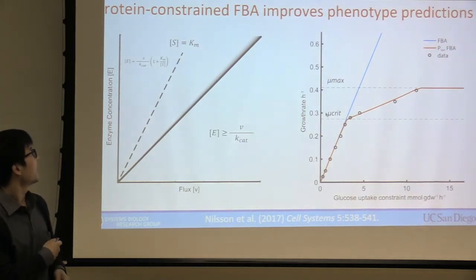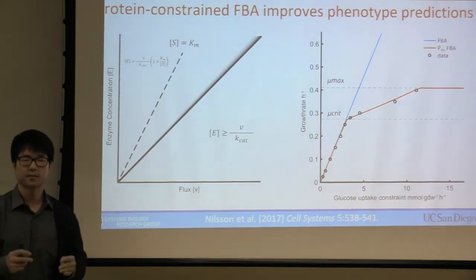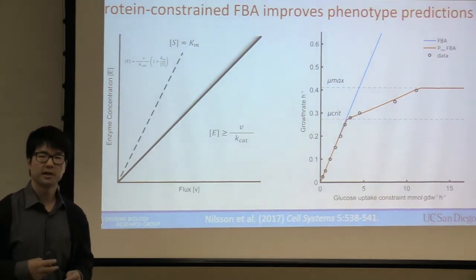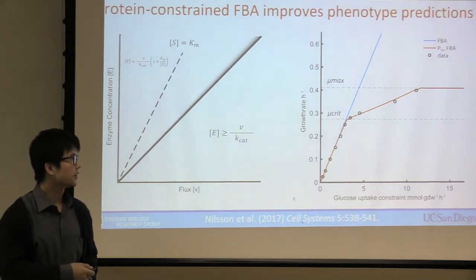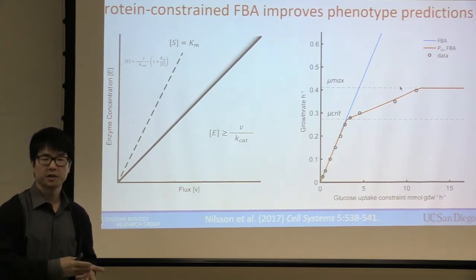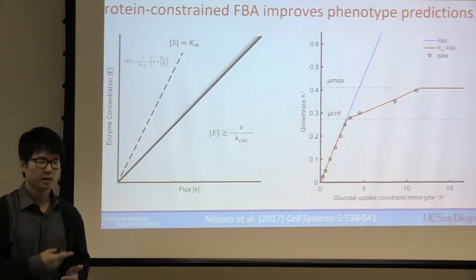So on the left what you're seeing is that the enzyme is saturated, so the flux is now proportional to the enzyme concentration. And we start to see some more complex phenotypes where the growth rate is not just linearly proportional to the substrate uptake.